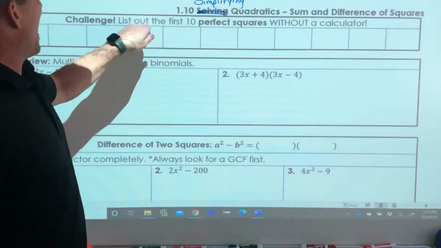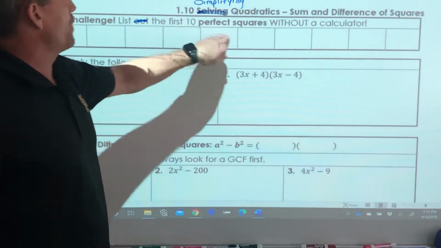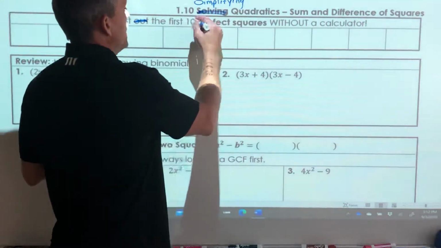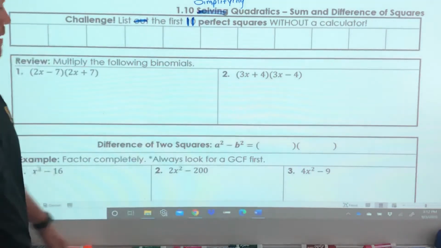Challenge: list the first 10 perfect squares without a calculator. Technically, there's 11 because there's 11 boxes across here, so we're going to do the first 11.